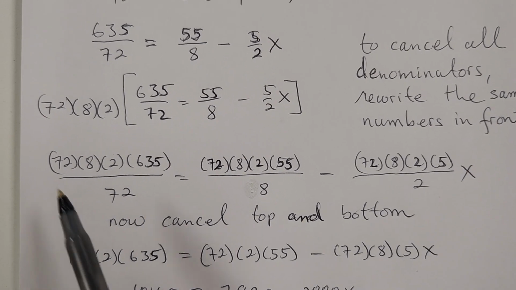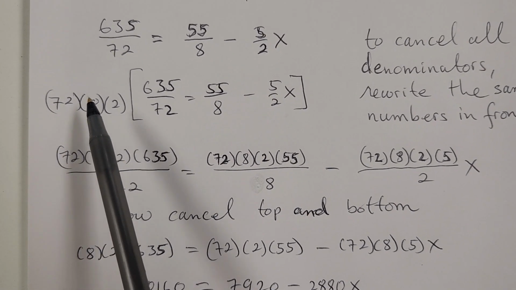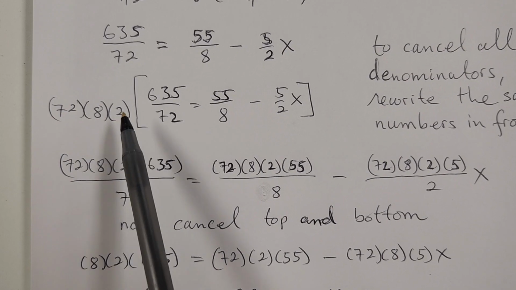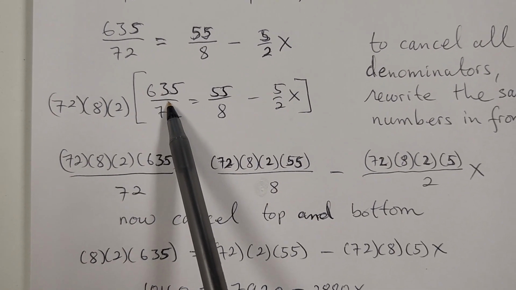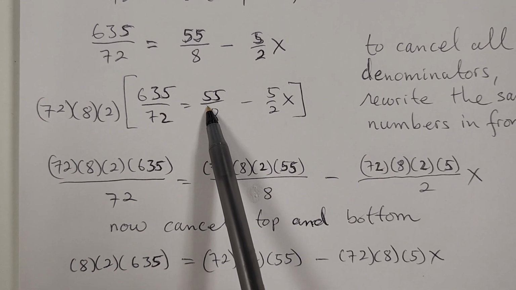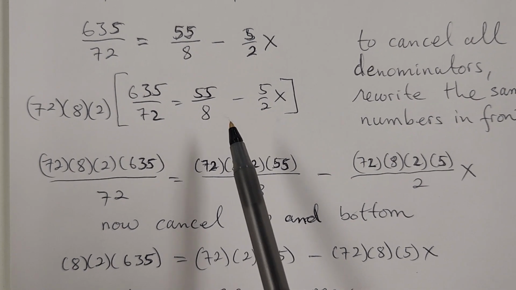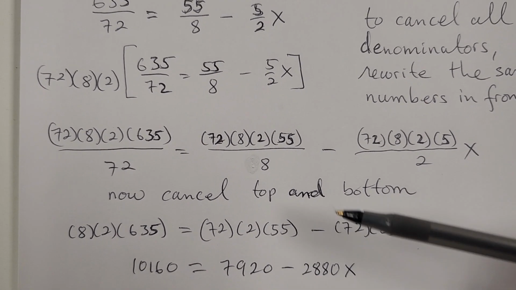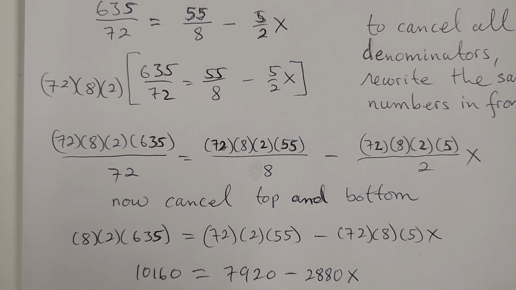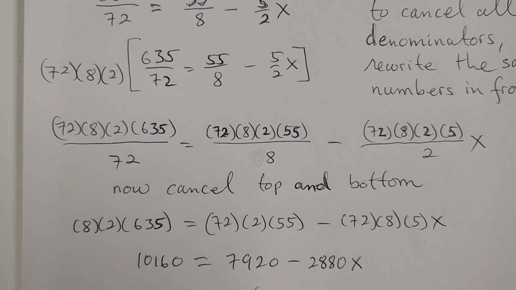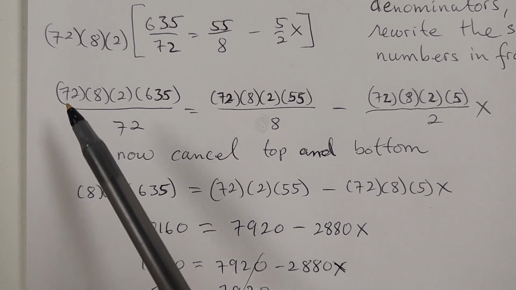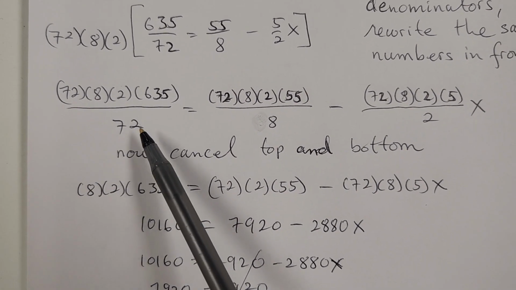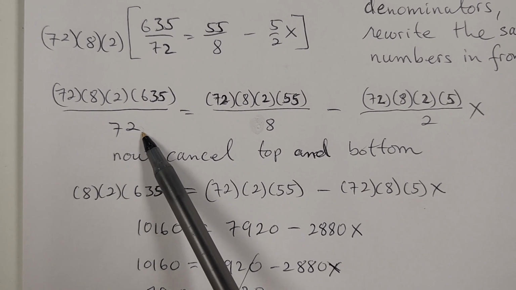So one more time, you're going to distribute or multiply this whole thing to the first term, to the second term, to the third term. Next, you want to start canceling top and bottom. Anything that looks the same goes away. So these 72s are the same, so they go away.